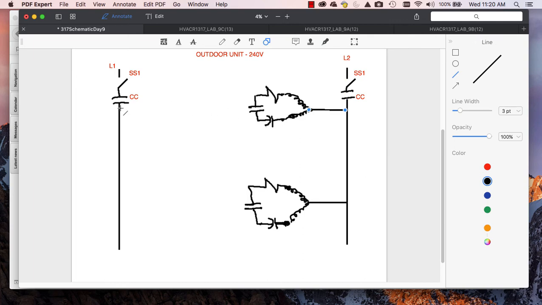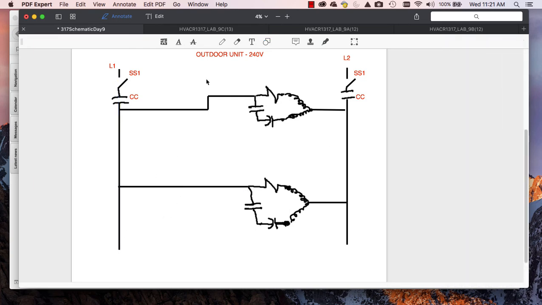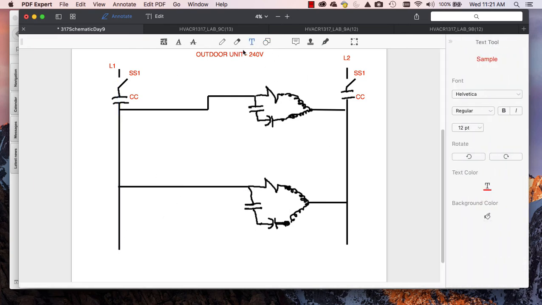I'm going to connect in my run for both motors. And try to neaten it up a little bit. I want to label everything at this point.